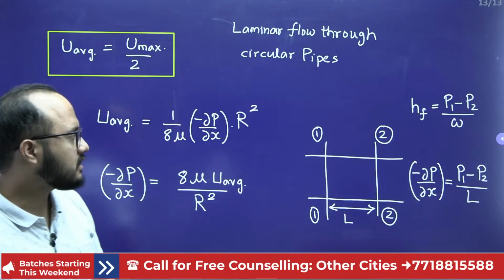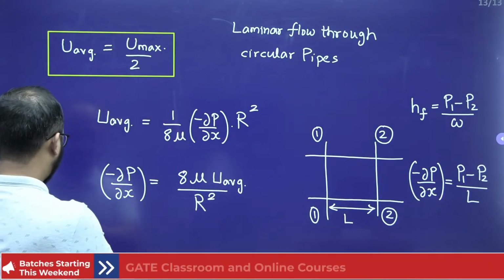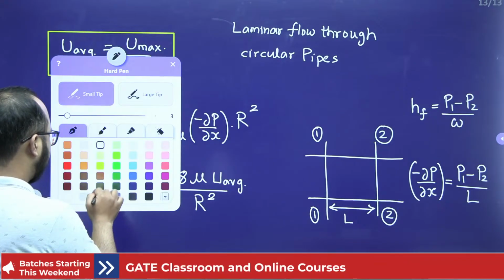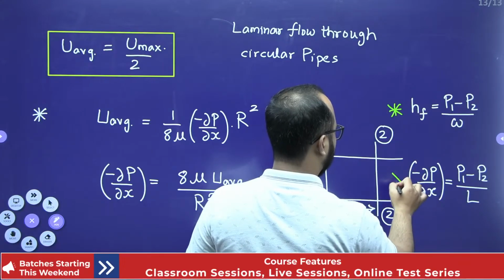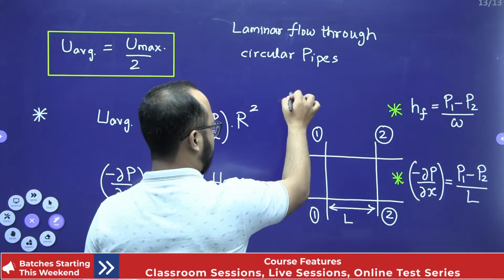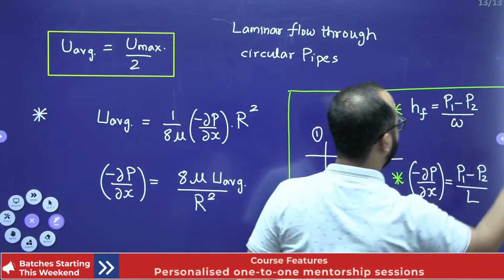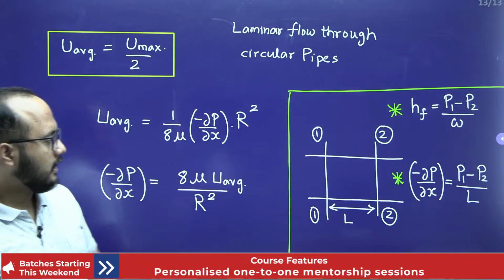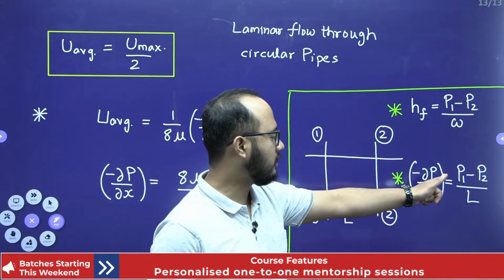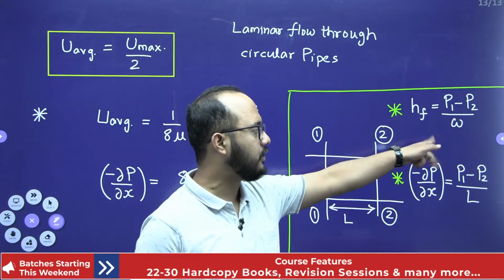Got it? This much information everyone should know, because earlier we have discussed this. Using both of these relations, I got the P1 minus P2 value as HF into specific weight.